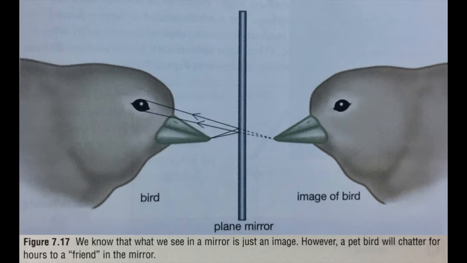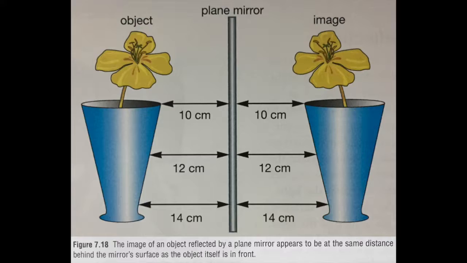Figure 7.17. We know that what we see in a mirror is just an image. However, a pet bird will chatter for hours to a friend in the mirror. To confirm this, choose a point on a diagram of a reflected object and measure the perpendicular distance between that point and the reflecting surface, as shown in figure 7.18.